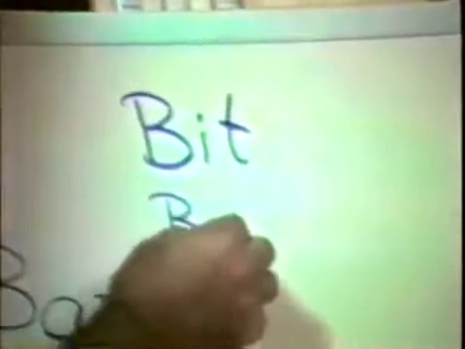Now, if you wanted to have the direction like bit or bet, all you do in Arabic is you put the slanted dash at the bottom of the letter instead of the top. This makes it bi instead of ba.